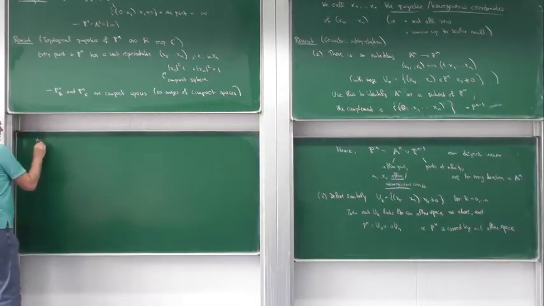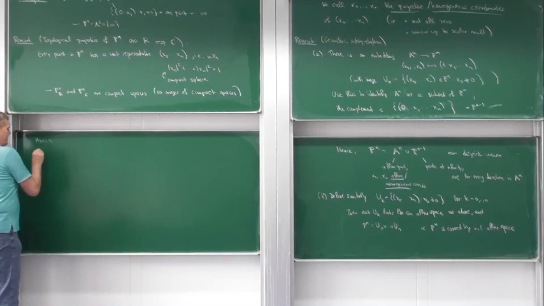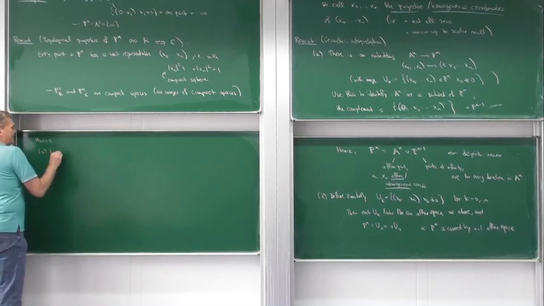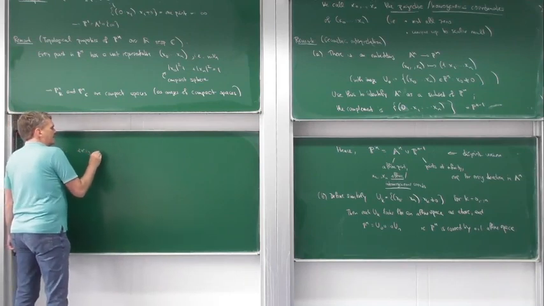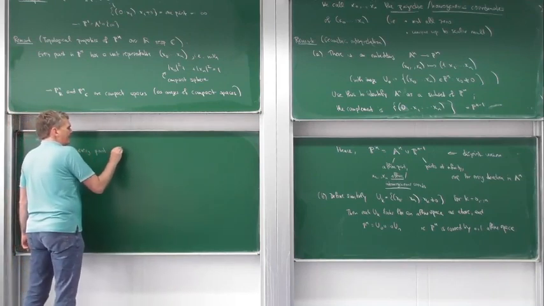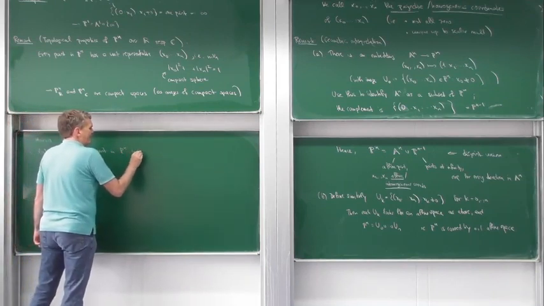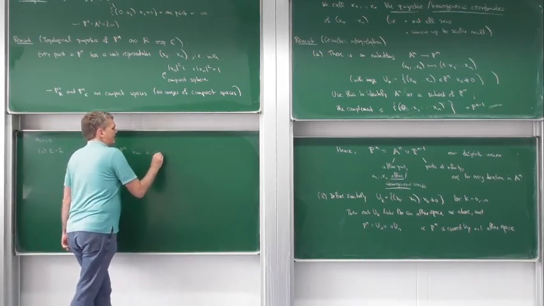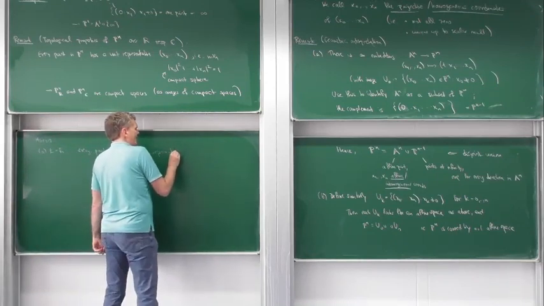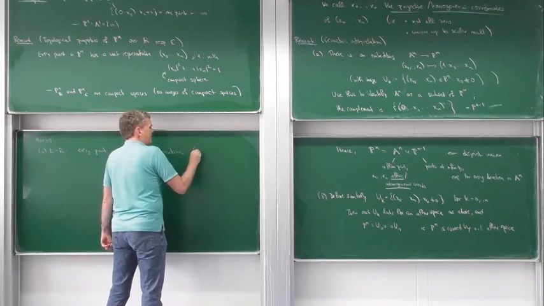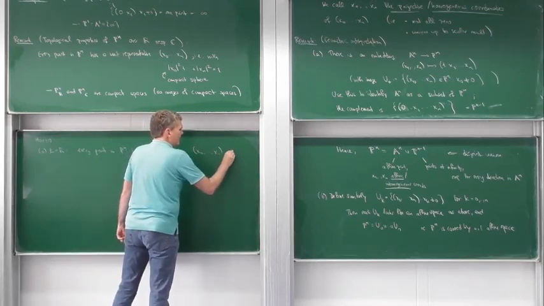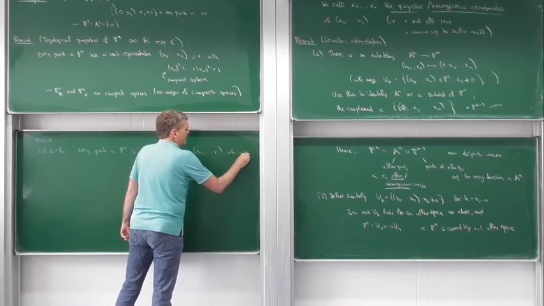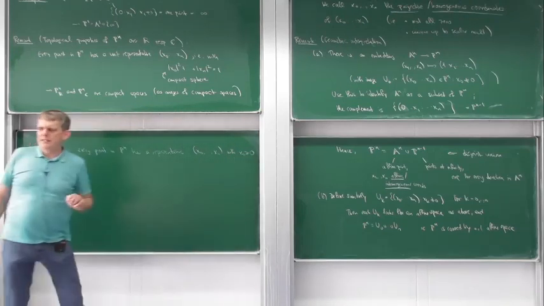Moreover, if we are over the real numbers, then every point in Pn has a representative x0 up to xn with x0 greater or equal to 0, just by multiplying it with -1, which is allowed.